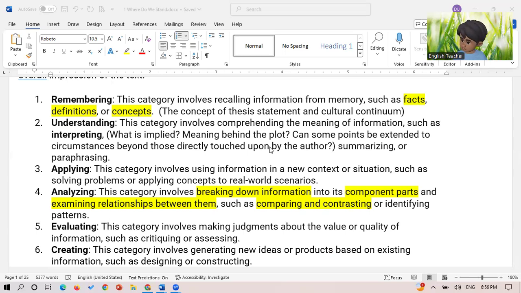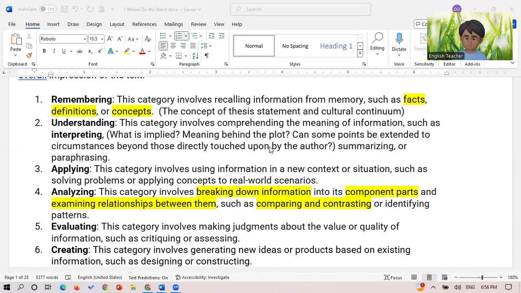If you can't remember anything you read, you can't learn anything. So the first requirement of reading is that you remember what you read. This involves recalling the information from memory. You read something, then you close the textbook, and then you can tell someone about what you read right now.